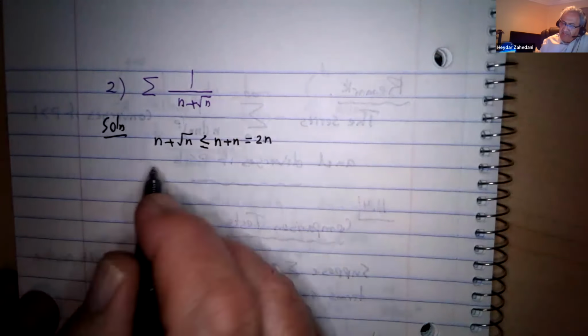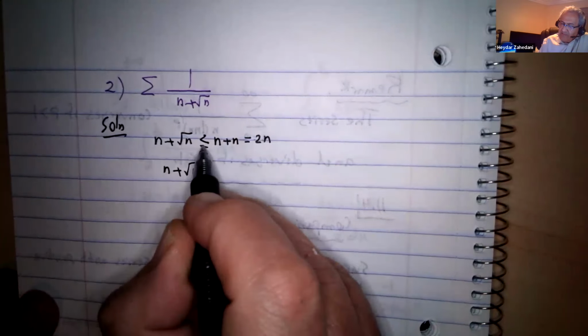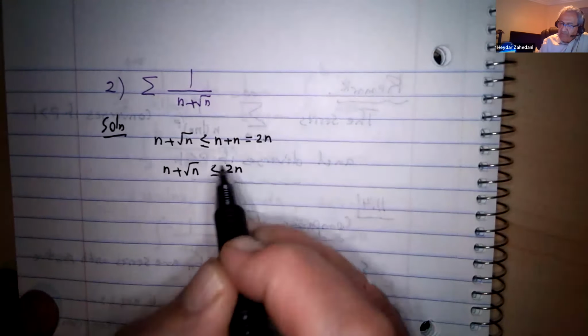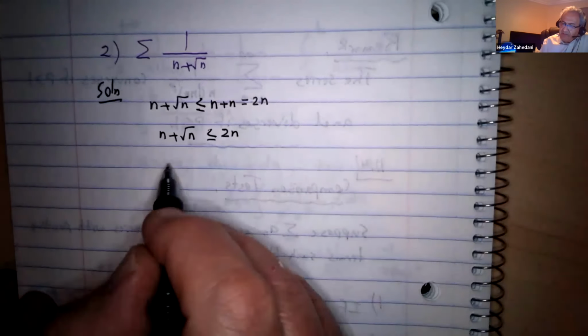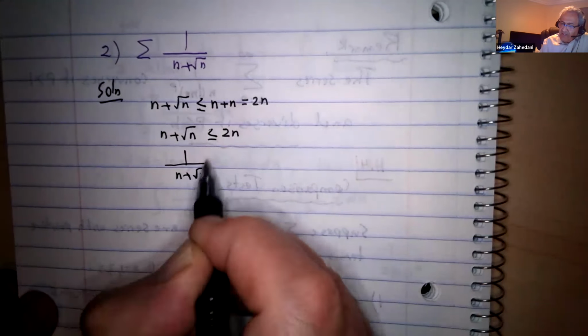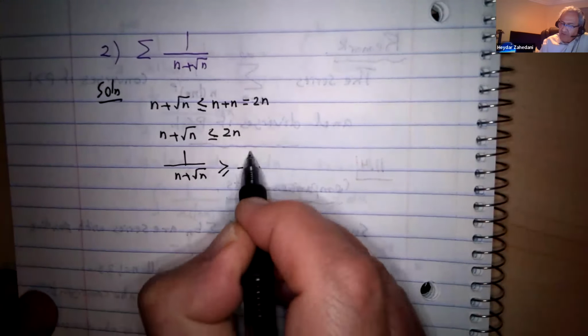So, I repeat it again, n plus radical n is going to be less than or equal to 2n. If you use the reciprocal, it's going to be 1 over n plus radical n. The direction would be different, greater than or equal to 1 over 2n.